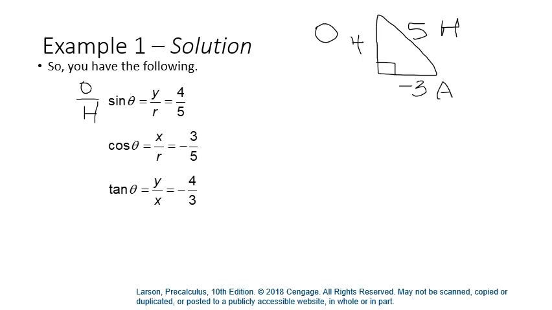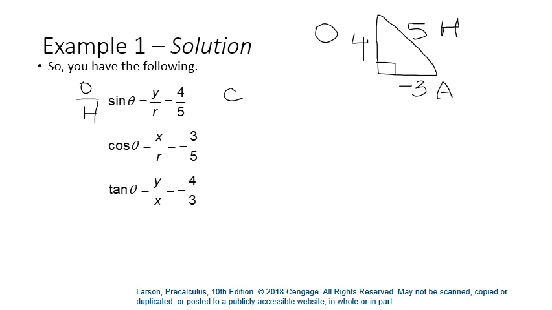So my O is my y value, which is 4 over my hypotenuse, which is 5.